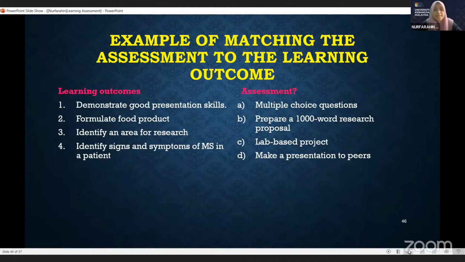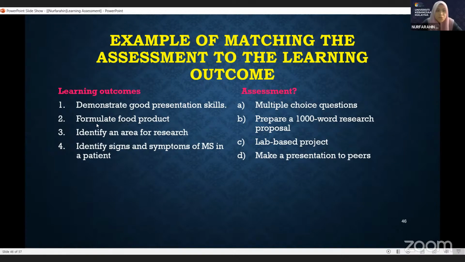For example, here the learning outcome would be to demonstrate good presentation skills. Which type of assessment is the most appropriate? That would be making a presentation to peers, which is correctly aligned with the learning outcome.